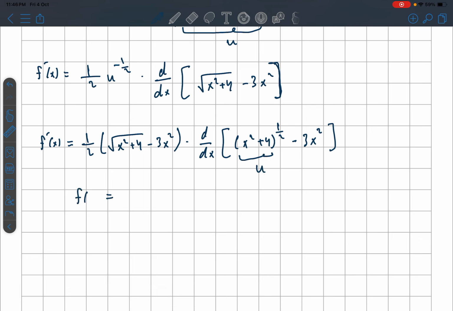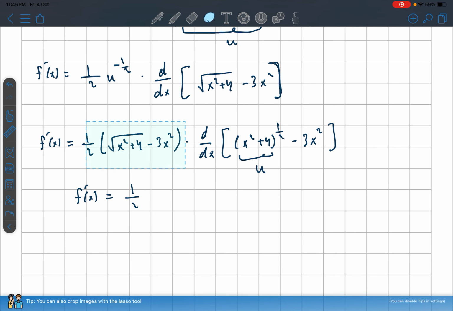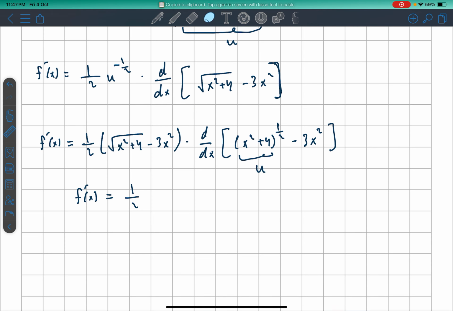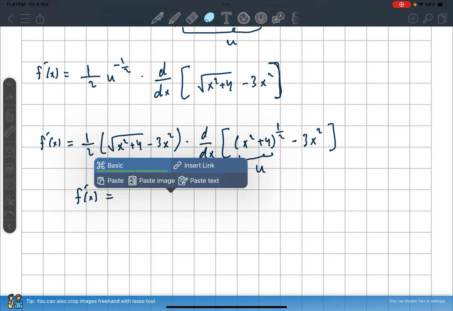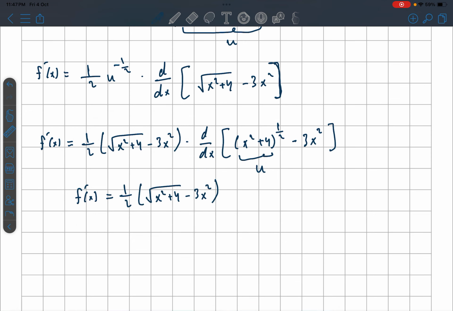Then we can say f prime x equals 1 over 2 times square root of x square plus 4 minus 3x square, and now we have to get the derivative.